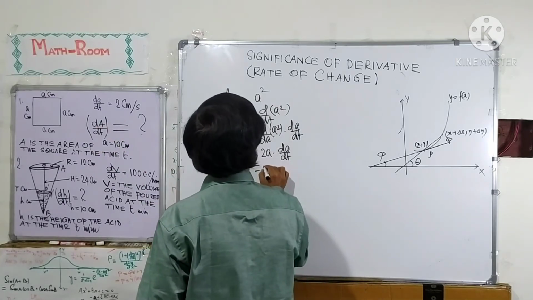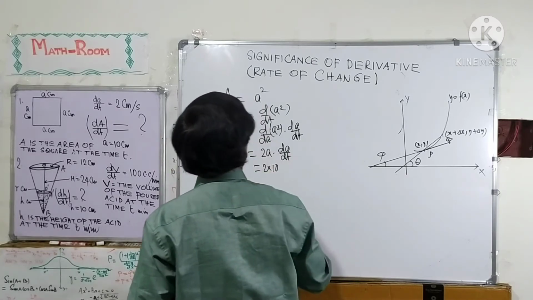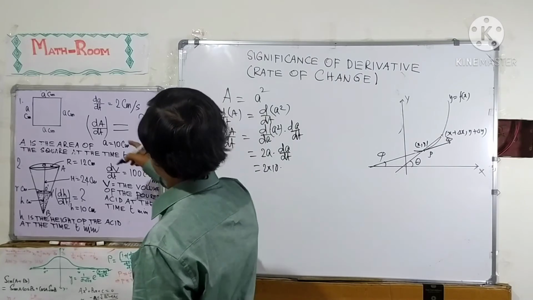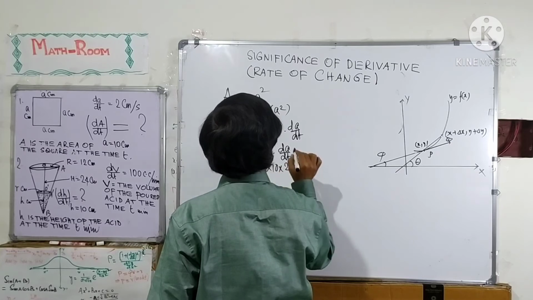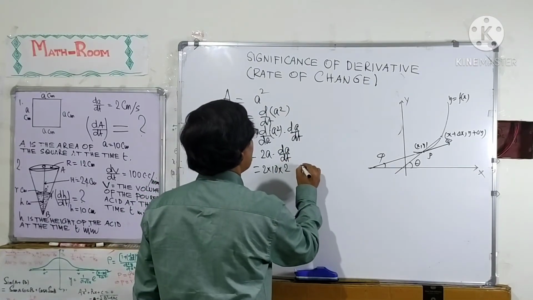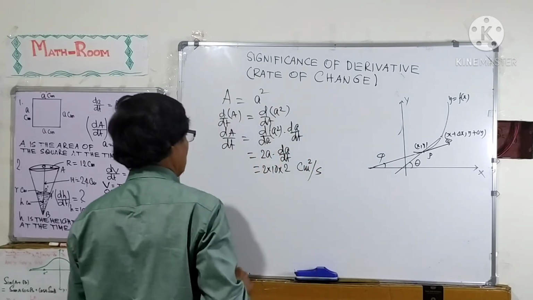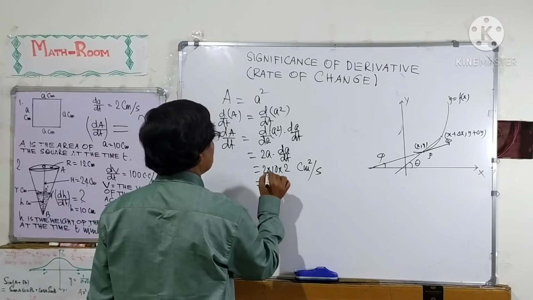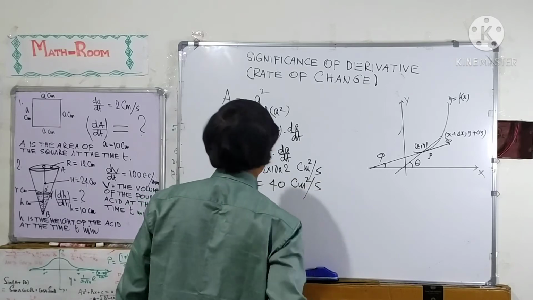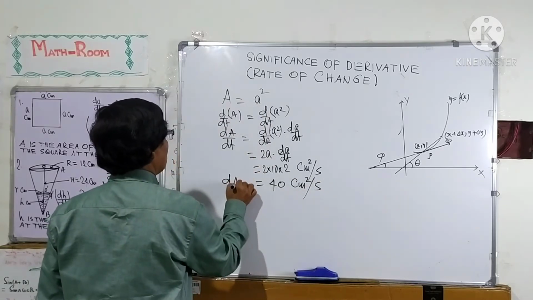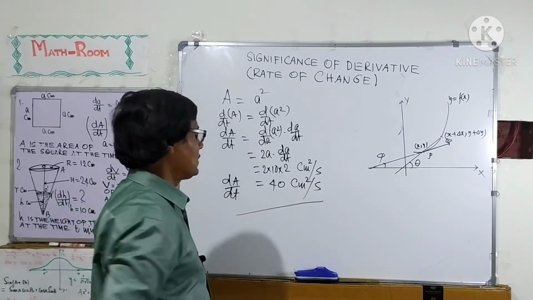So we put the value of a, which is 10 centimeter: 2 into 10 into da/dt. da/dt is given as 2 cm per second, so into 2, and the unit is cm squared per second. The value is 40 cm squared per second, that is, dA/dt equals 40 cm squared per second.